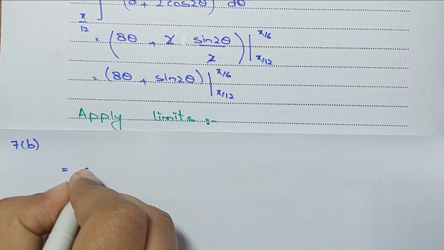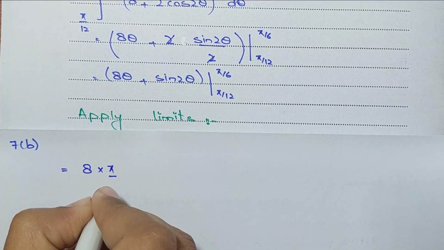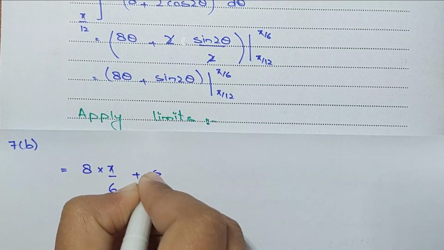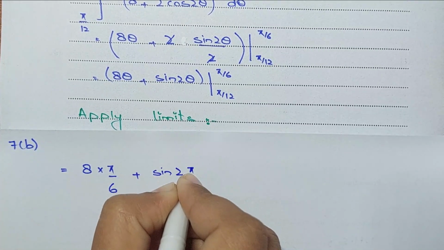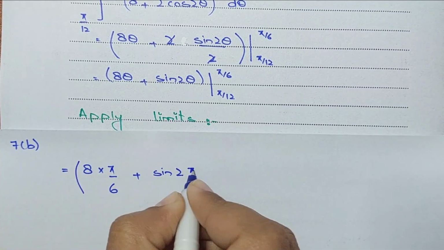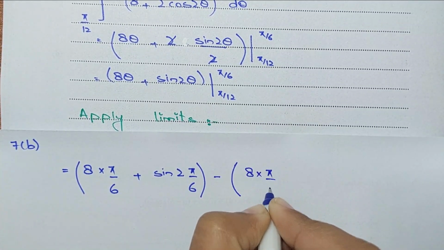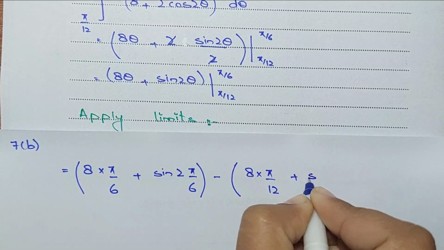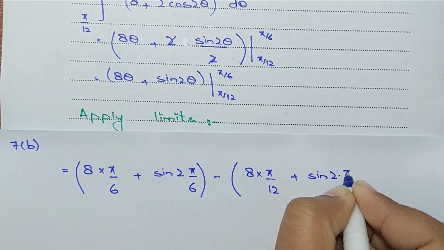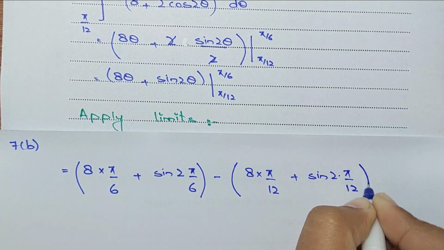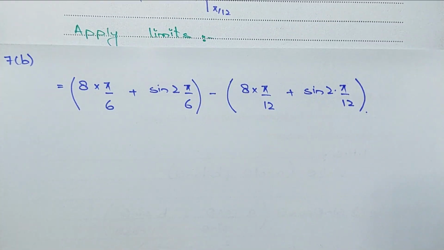Okay, so 8 times the upper limit pi by 6 plus sine 2 into pi by 6. This is your upper limit. Subtract the lower limit, which is 8 times pi by 12 plus sine 2 pi by 12. Alright.